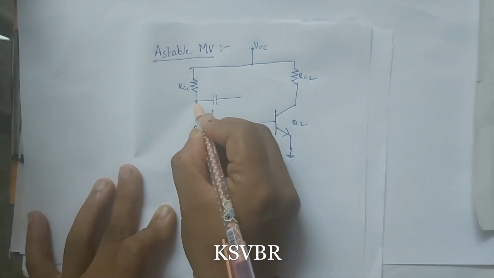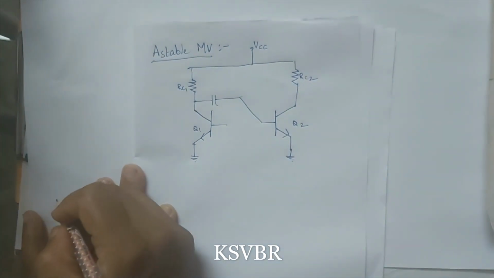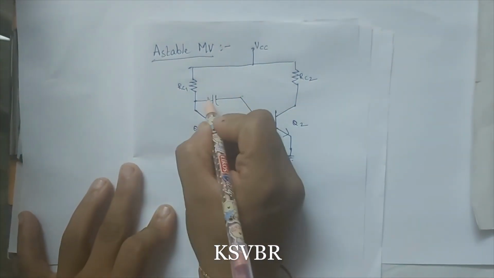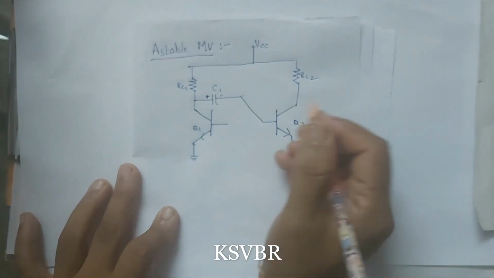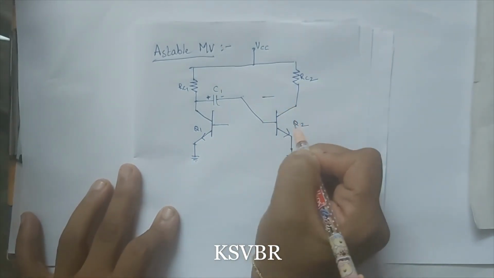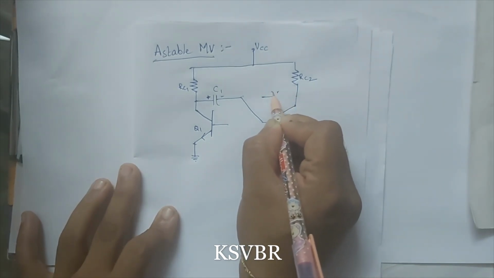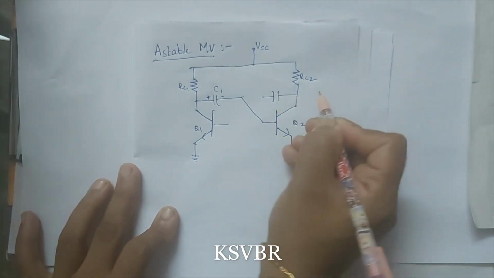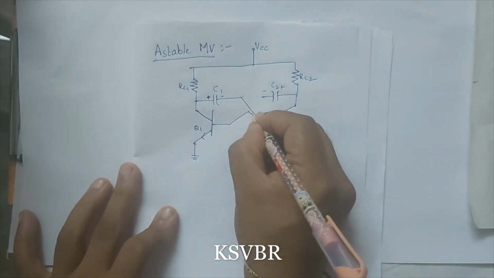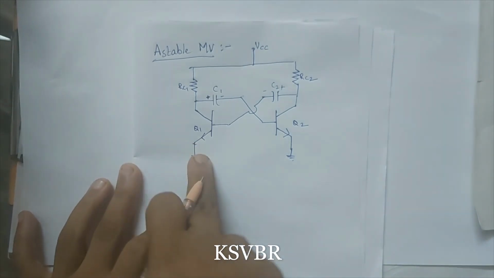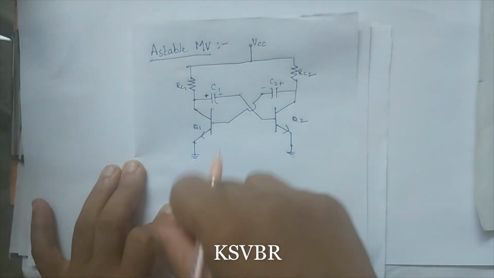The output, this collector, is given to the Q2 base through C1, with directions plus minus. The output of Q2, that is this point, collector 2, through C2 with plus minus, is joined to the base of Q1, the crisscross method, C1 and C2.